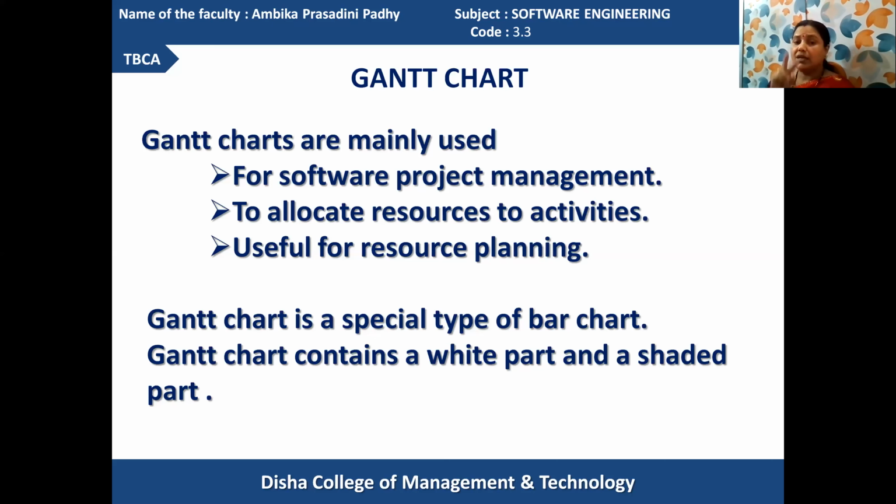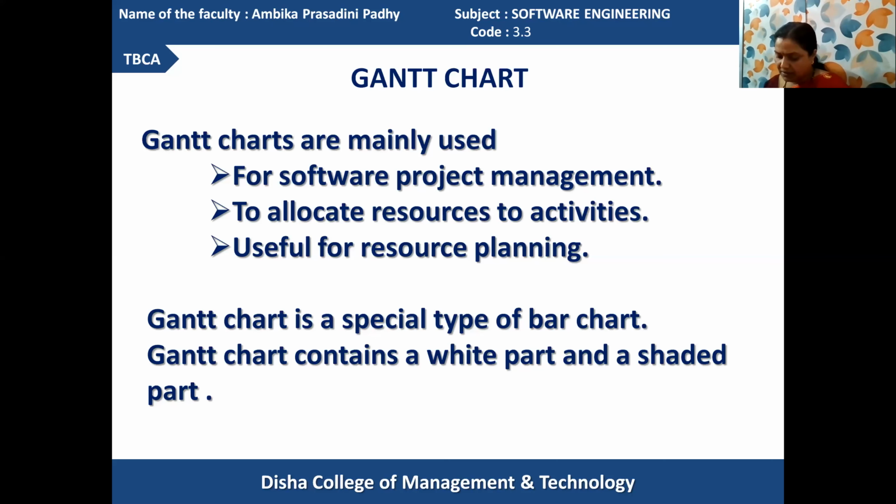Got it? It is divided into two parts, one white part and one shaded part. The shaded part is the process execution time part. The white part is the waiting part, the slack time. When the execution is over and the next set of jobs is to be started, the time duration being used for waiting till the next job starts can be mentioned in a white part.